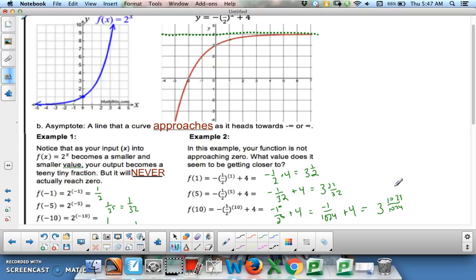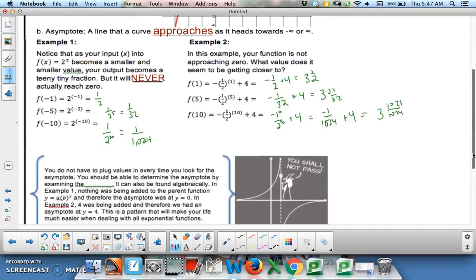Okay, guys, that's almost 4, right? But it's still got that tiny little 1024th that's keeping it from actually equaling 4. So you can see that the algebra does bear out that it gets close, but never actually touches it.